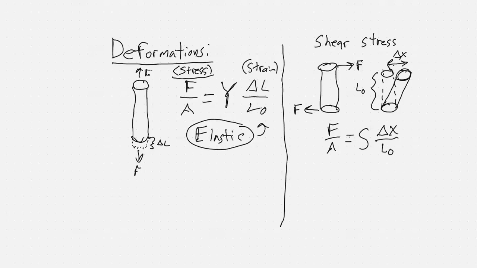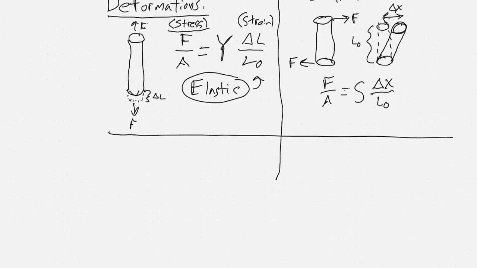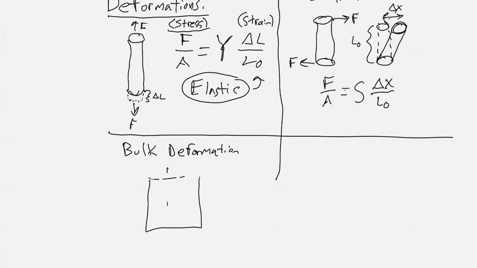Finally, you can have a bulk deformation if you have a box, a volumetric box. That box will have some volume and it has a surface area.